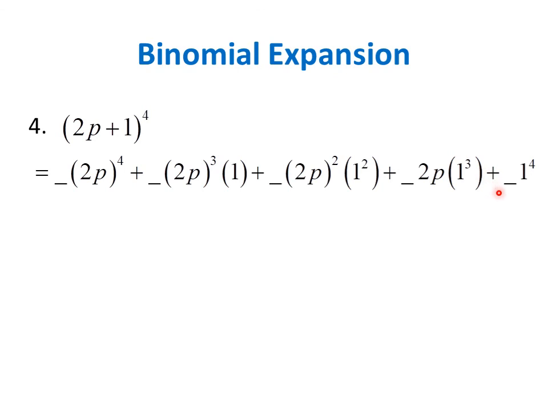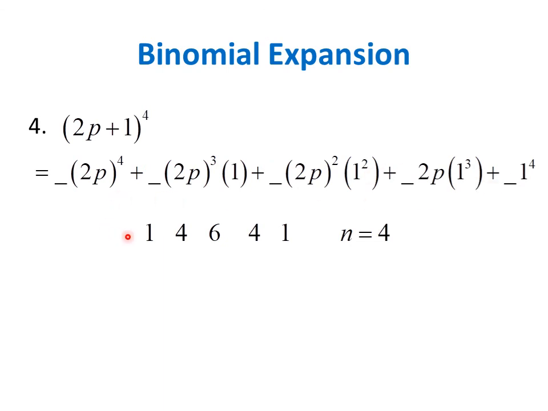So we know that quantity 2p to the 0 is simply 1. And we have 1 cubed, 1 to the 3 plus 1. That is equal to 1 to the 4. How about the signs of the terms? We know that the operation in the given binomial is addition. So we are sure that all the terms in the expansion are positive.